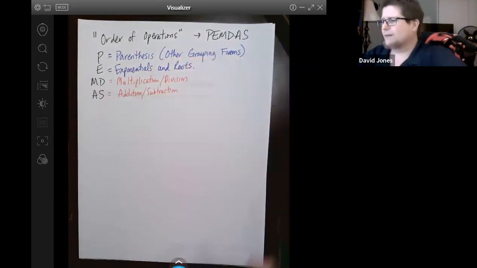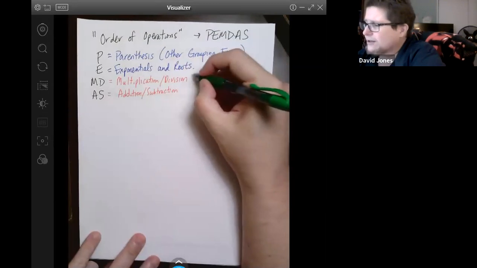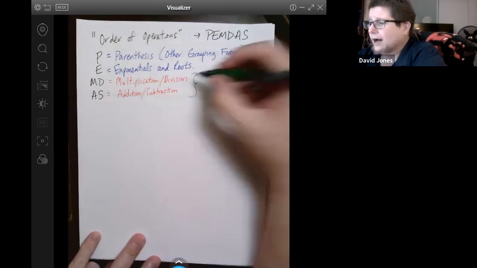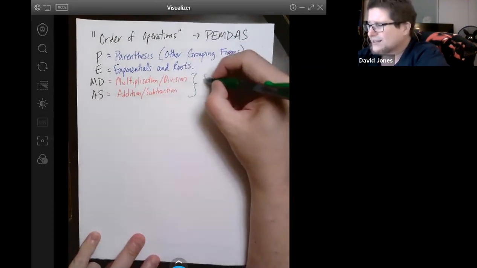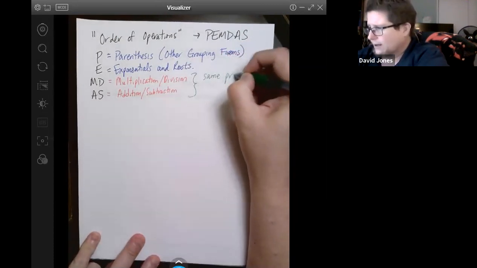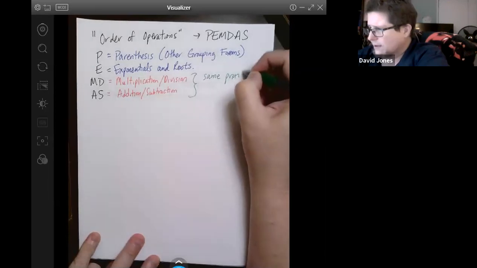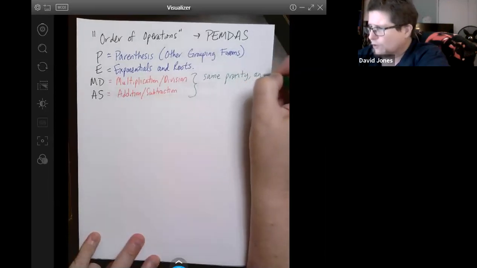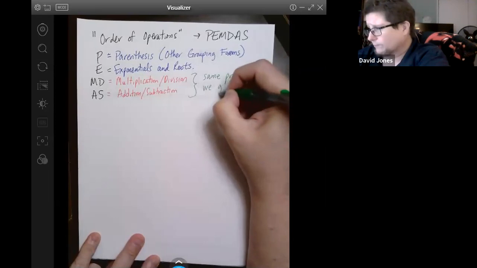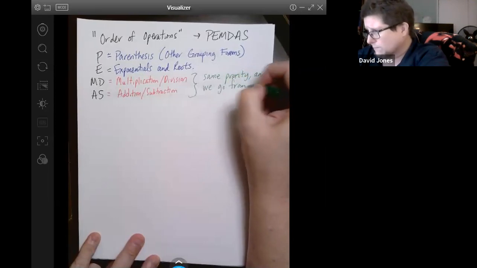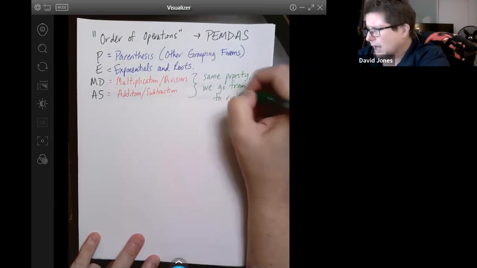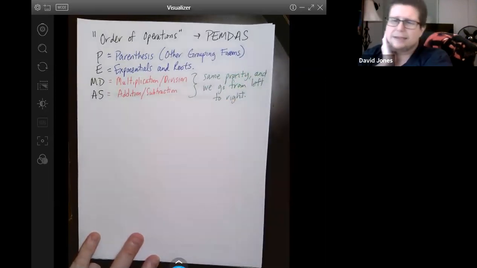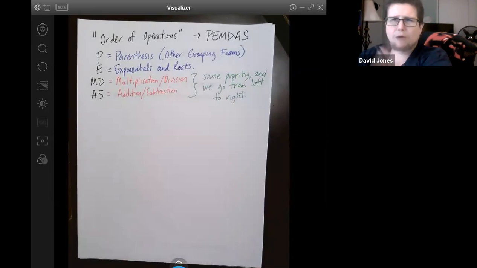For each of multiplication, division, and addition, subtraction, if it's on the same line, like multiplication, division, they have the same priority. And we go from left to right. And people don't understand why we do this. It's to make sure when we write it, everyone knows what everyone else is doing.